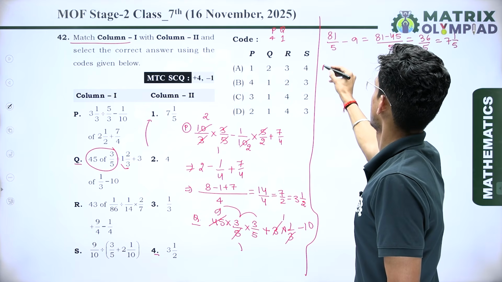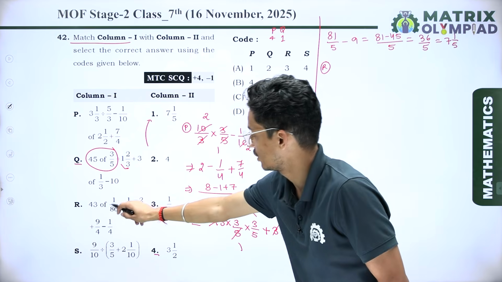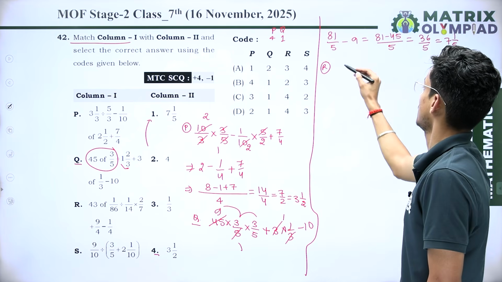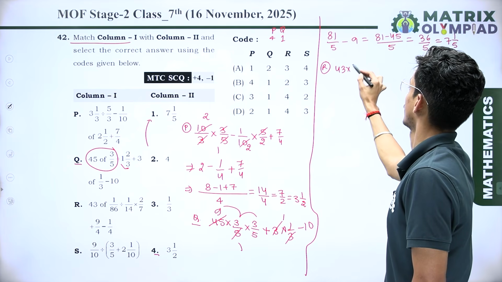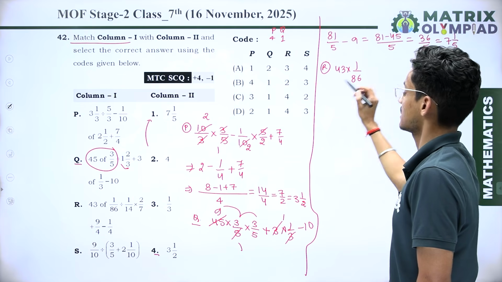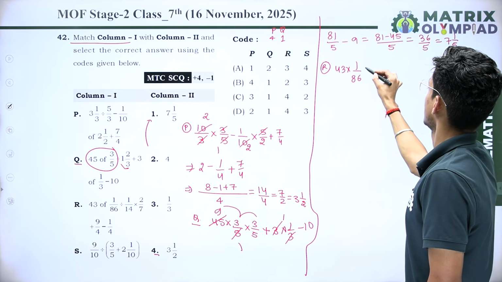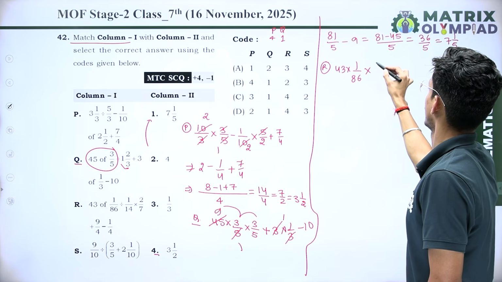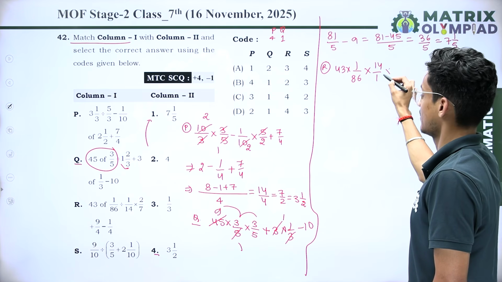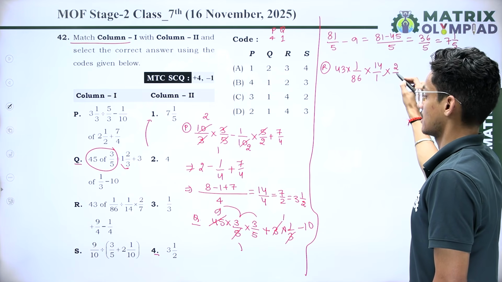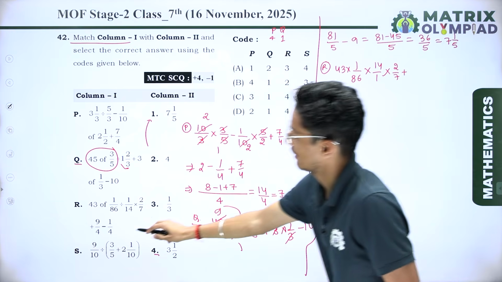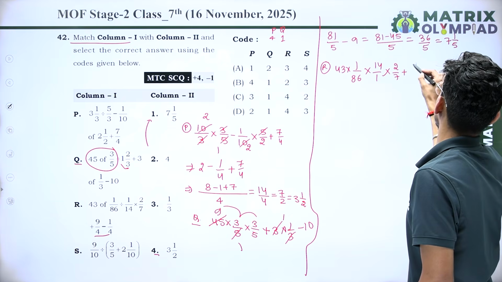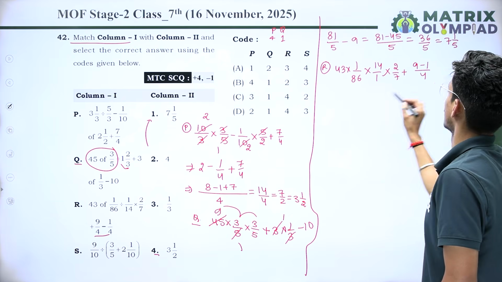So now if I talk about the R, that is 43 of 1 by 86. So here I can write 43 of 1 by 86, and we convert divide sign in the form of multiply. So I can write here 14 upon 1 multiply by 2 upon 7 plus, if we take here LCM 4, so I can write here 9 minus 1 upon 4.